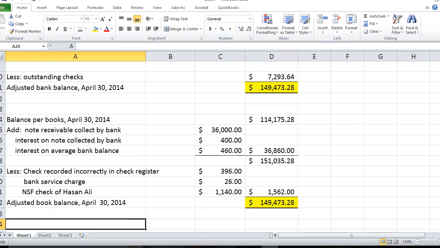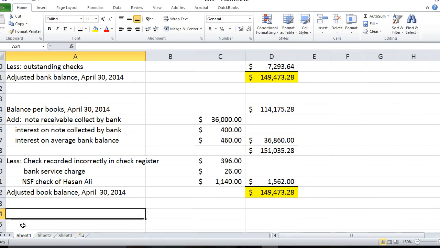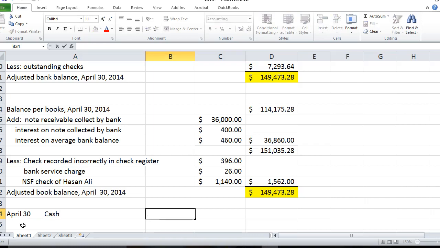The next thing we're going to do is create the journal entries related to reconciling the bank statement that changed our economic condition. The first thing we do know is that we did collect on that note. So just like in the previous example, we're going to show on April 30th cash we collected of $36,400.